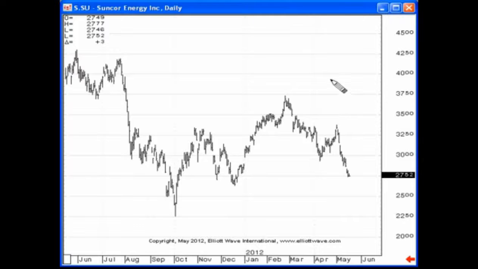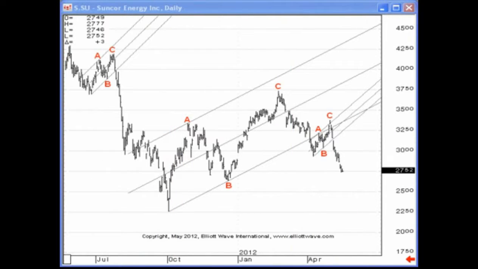Let's apply those two simple things to this price chart. Here we have a three-wave move, ABC, within parallel lines. Look what happened as a result of that. You saw Suncor experience almost a 50% drop in prices as a result of that signature.